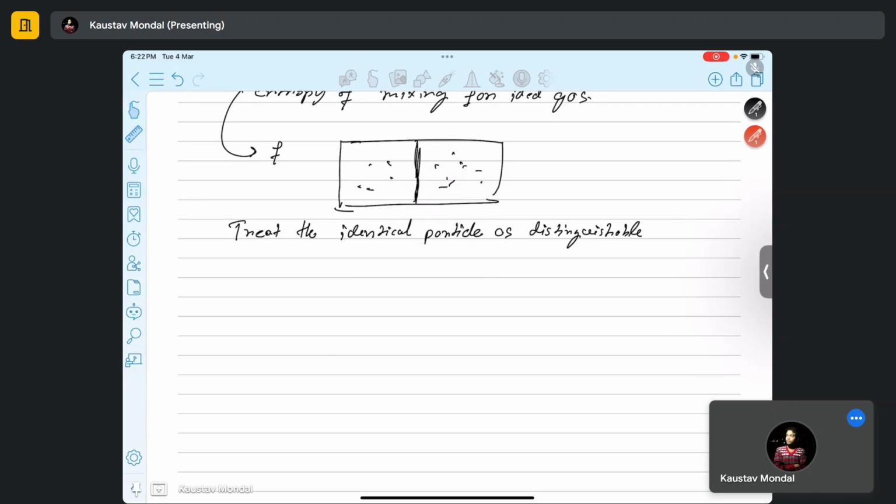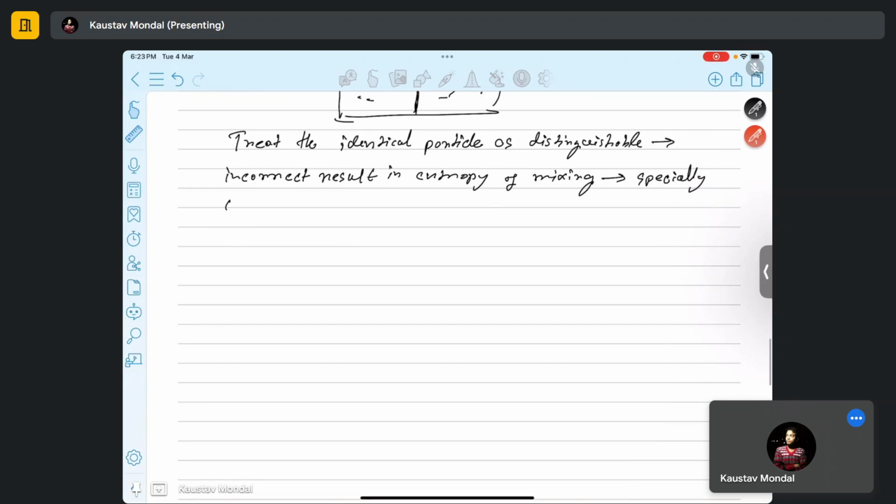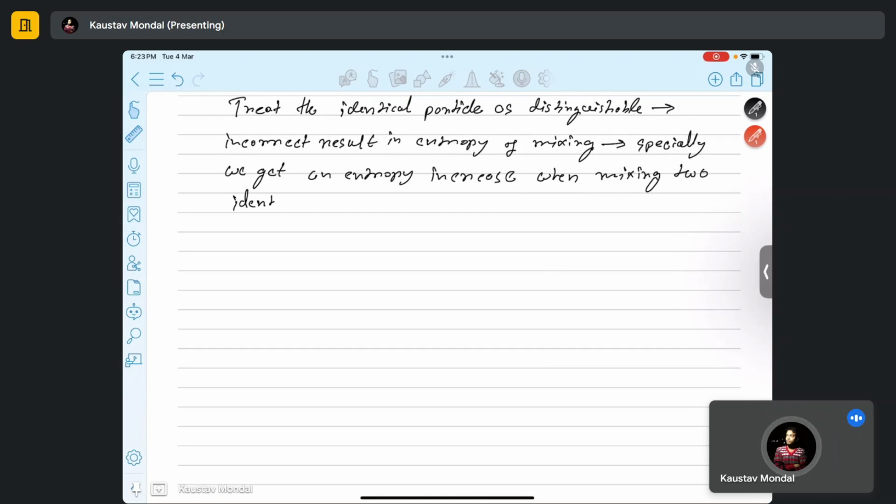And because of that we get an incorrect result in the entropy of mixing, especially we get an entropy increase when mixing two identical gases, right? Which shouldn't happen.